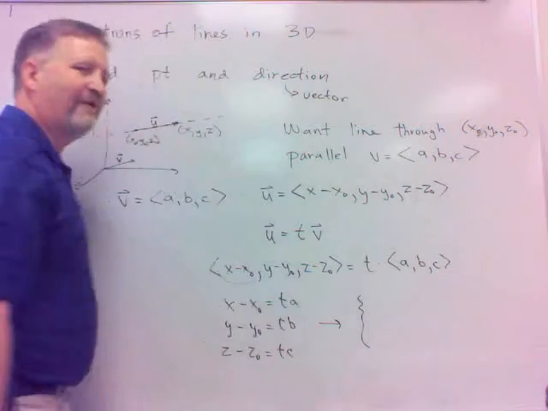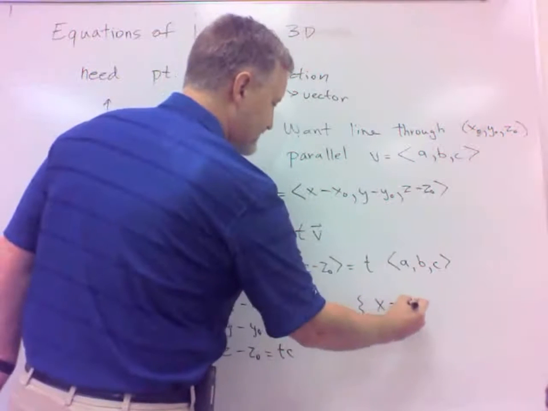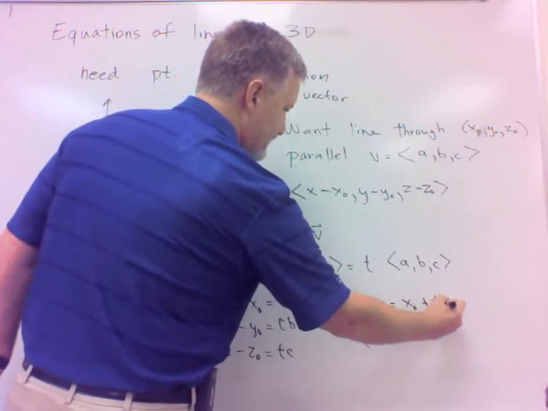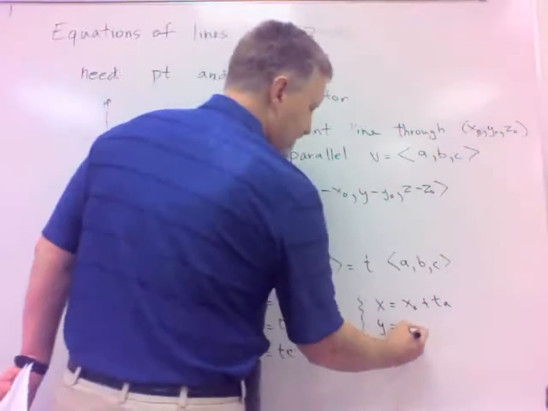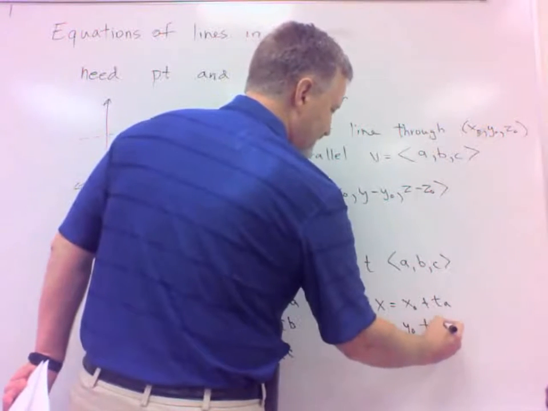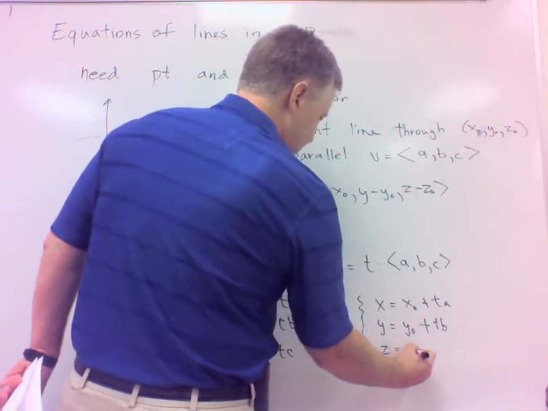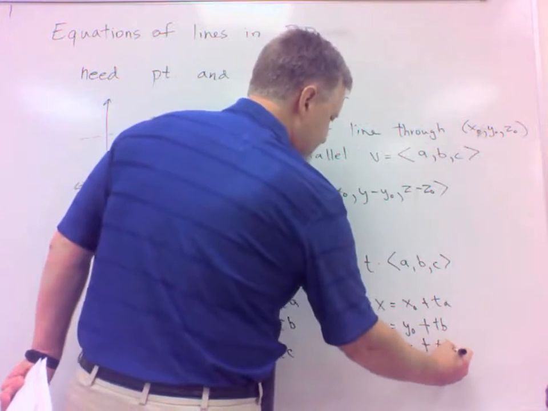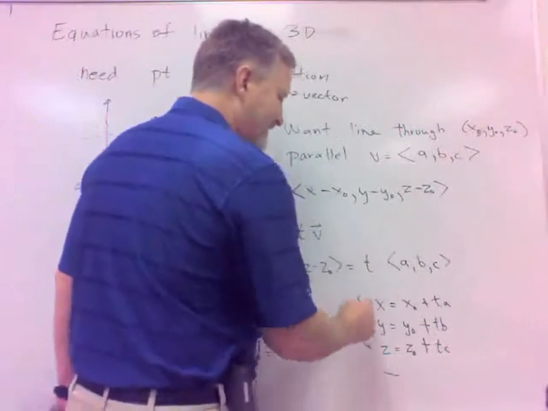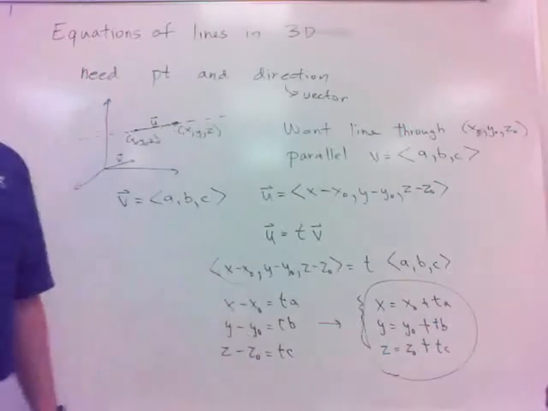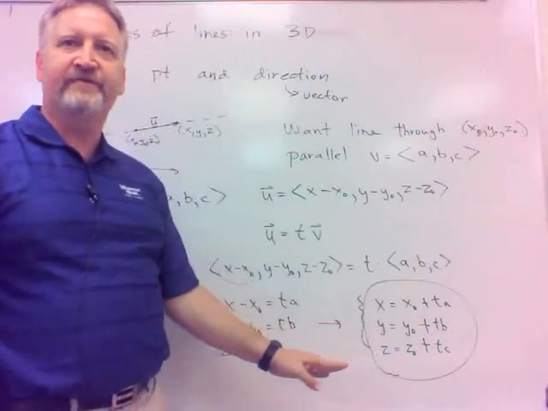Solve those for x, y, and z. Solve that for x, you get x equals x0 plus tA. y equals y0 plus tB. And then z equals z0 plus tC. This right here then describes our line, because that gives us each x, y, and z on the line.